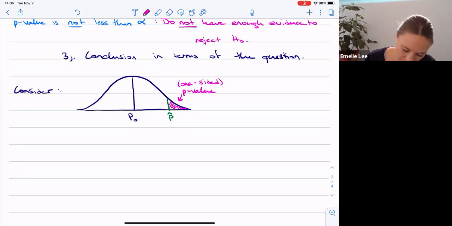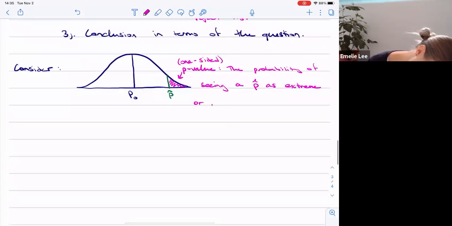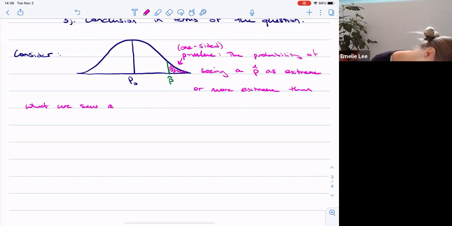The p-value is the probability of seeing a p-hat as extreme or more extreme than what we saw, assuming H naught, and H naught would be something like P equals P naught, is true.